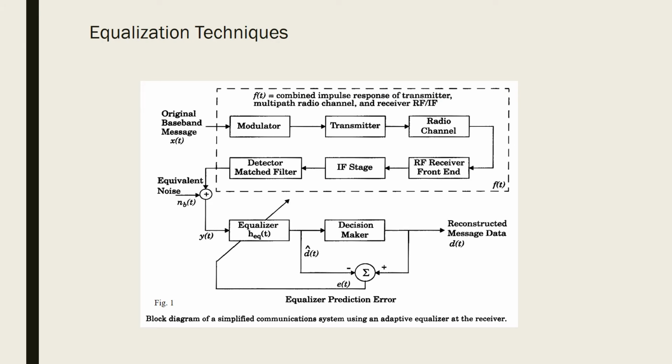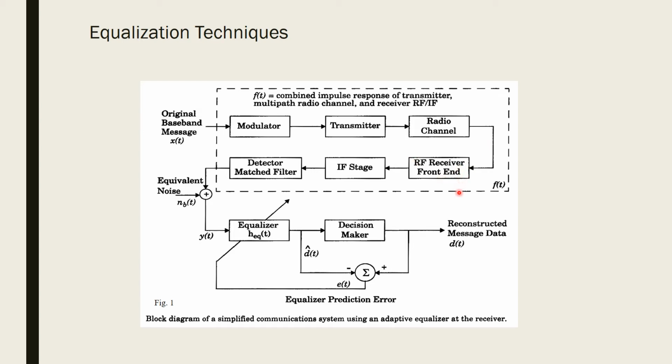This is the block diagram of a simple adaptive equalizer at the receiver. You know very well that you are going to have the original baseband message signal x(t), and this entire thing is going to be the transmitter part. You modulate the signal as usual and give it to the transmitter, and you put the signal onto the radio channel, and at the receiver you receive the radio frequency signal.